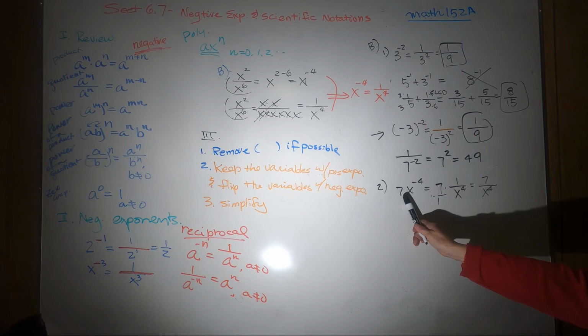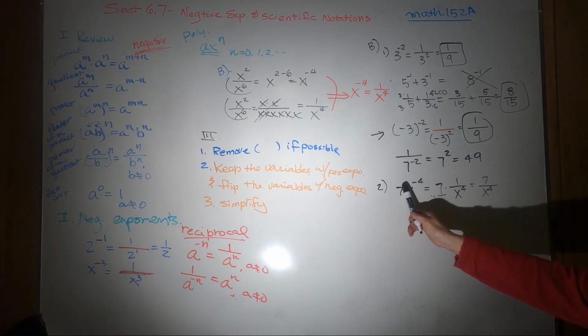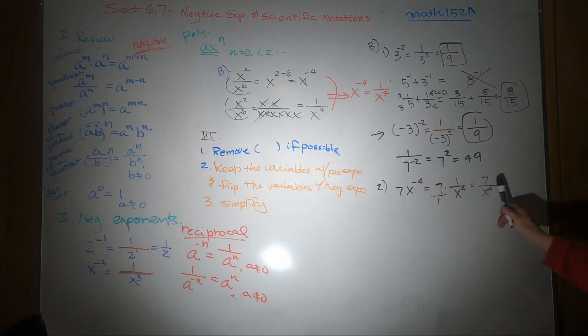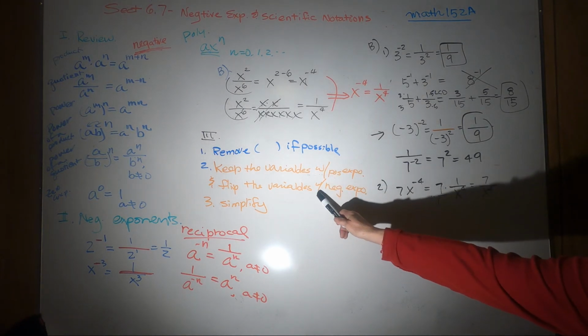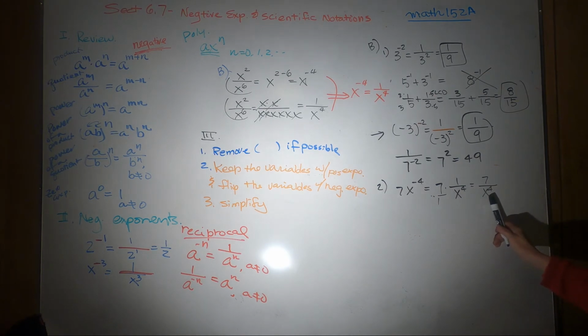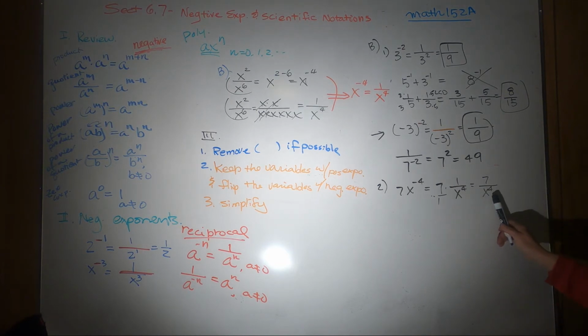That means if you don't have a positive or negative sign on the power, it means positive. Then you keep it in the numerator position. If it's a negative power, you flip it to the other side, down. If it's on the top, nothing here means it's on the top, then you flip it to the bottom.